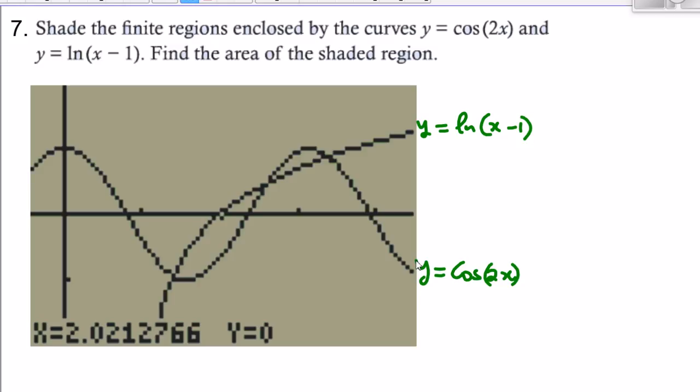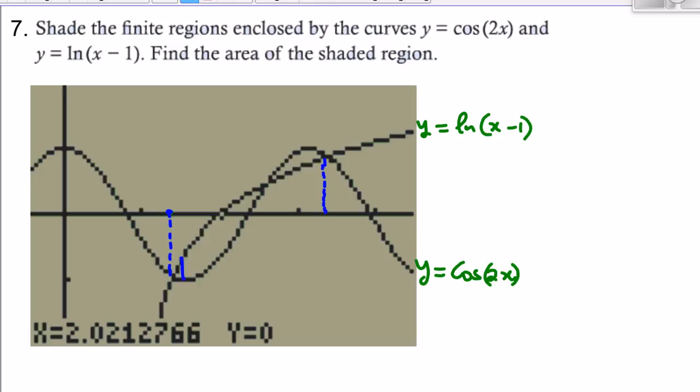I need to find this coordinate here. I need to find the x value here. I need to find the x value there. I can find this as well, but there's no need. I just need that and that.